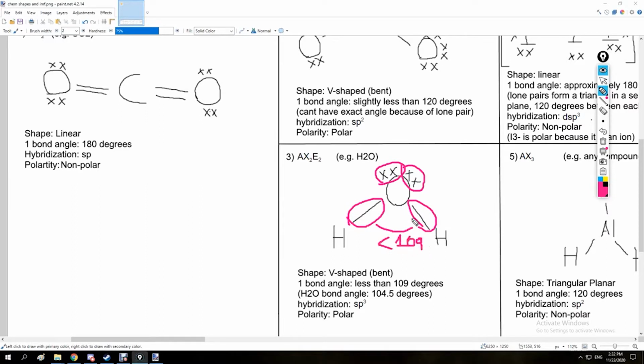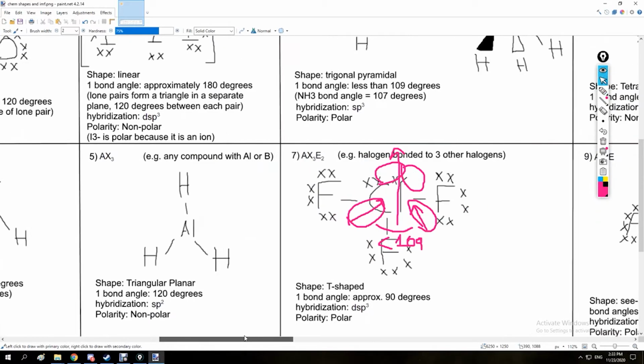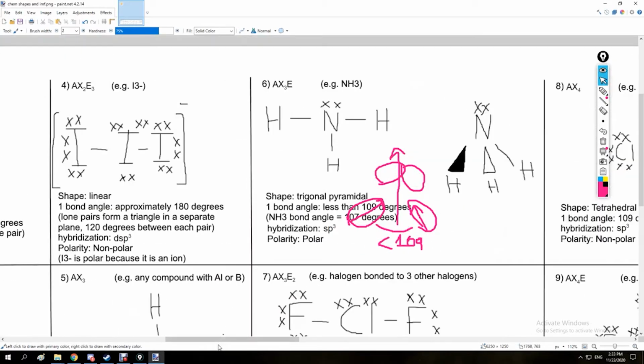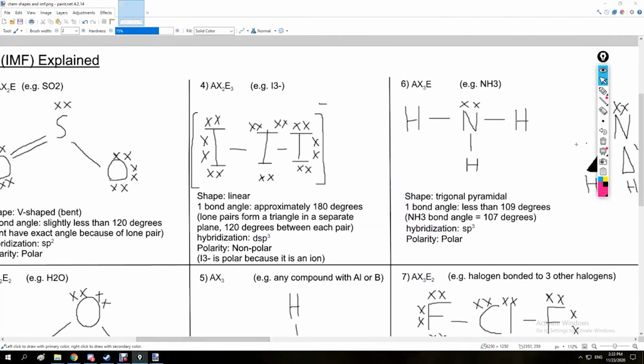Of course, it varies from compound to compound, but for H2O, you need to know that the bond angle is 104.5 degrees, and the hybridization is sp3 because it's 4 electron regions, and the polarity is polar because 2 vectors that look like this are never going to cancel out, so the net dipole is not going to be equal to 0, so it's going to be polar. I forgot to mention the last shape is called V-shaped or bent, and this is also going to be V-shaped or bent.